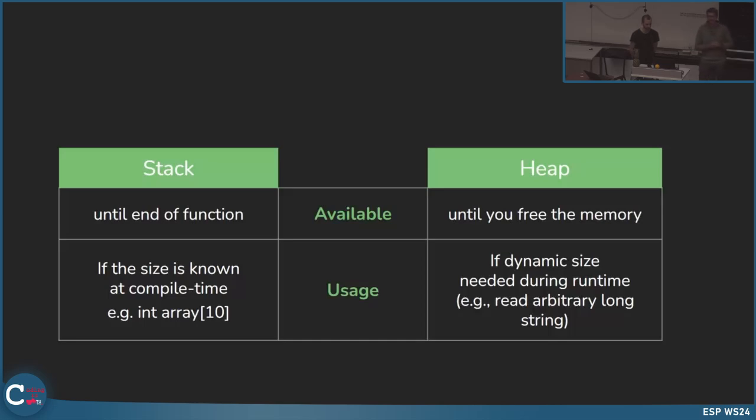We should use stack variables if we know the size of, for example, an array at compile time, but we should use the heap if we only know the size during runtime, or if we want to resize it, increase it, decrease it dynamically. So that's the big difference between the use cases of heap and stack.